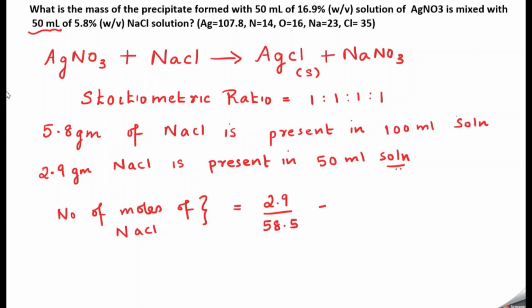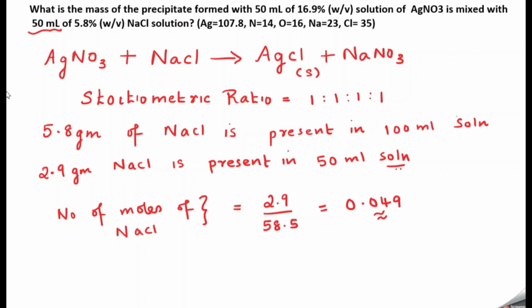If you calculate this value, it will come around 0.049. So we understood that the number of moles of AgNO3 and NaCl is almost the same, 0.049.